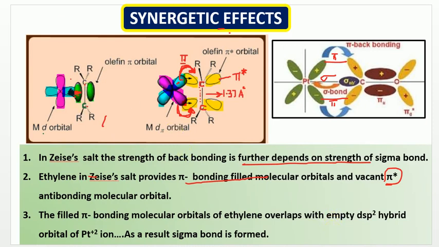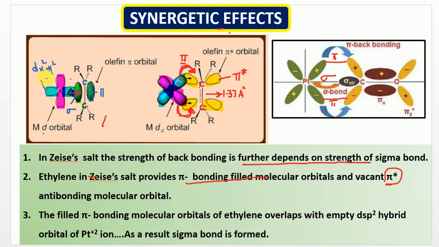Look here carefully. These are the 2 carbon atoms of ethylene, and this is the pi electron density of ethylene. These pi electrons are donated to the metal and form a sigma bond, where the metal provides a vacant orbital. That orbital is the dx square y square hybrid orbital.